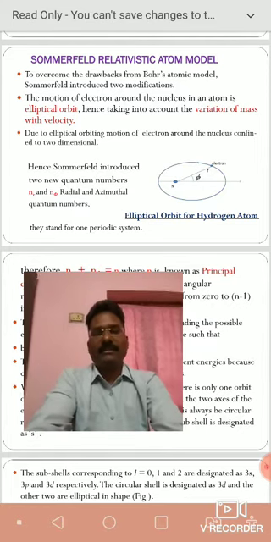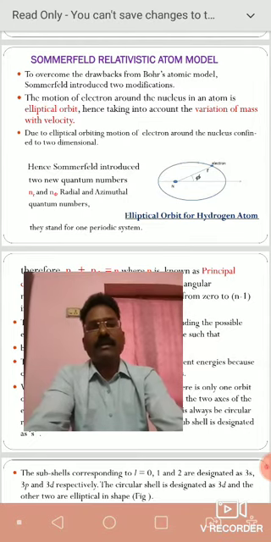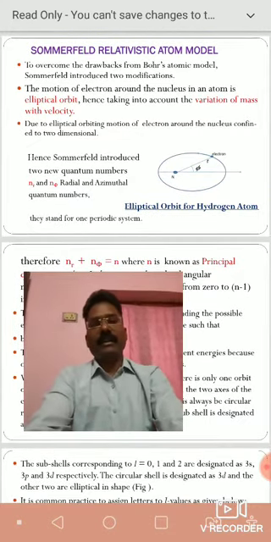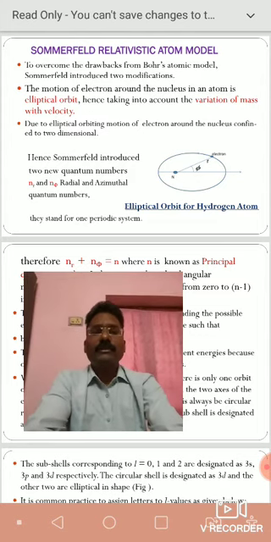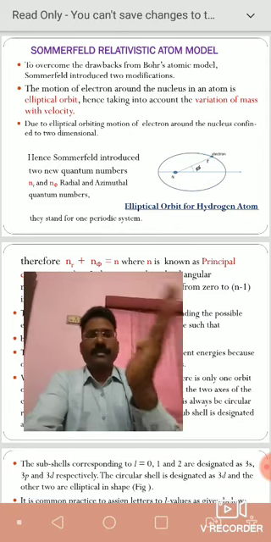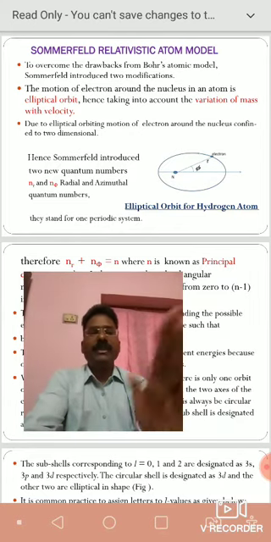What is nr? Why is it called the radial quantum number? r is the distance between the nucleus and the electron on the elliptical orbit path. Therefore, the new quantum number regarding the radius is nr. And what about n phi, the azimuthal quantum number? If the electron revolves around the nucleus in an elliptical orbit, the angle changes.